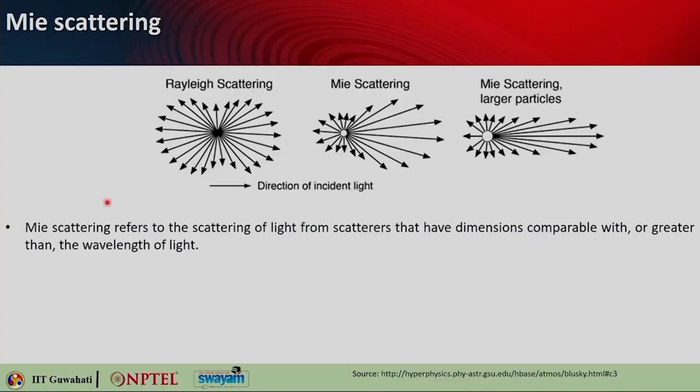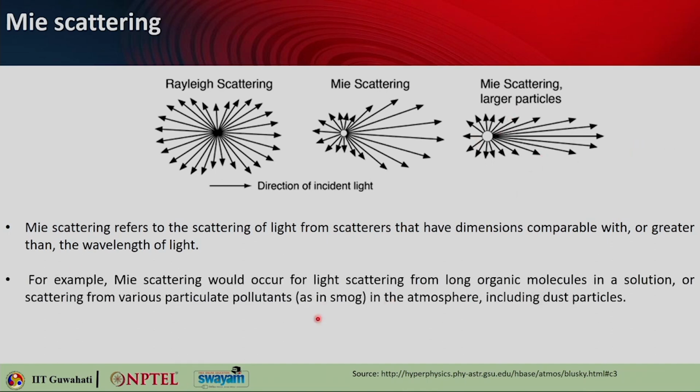As the picture is showing here, if this is the direction of light propagation, Rayleigh scattering is more like omnidirectional, it happens in all directions. Mie scattering is mostly towards the forward direction, and it becomes more directed forward if the particles grow in size.